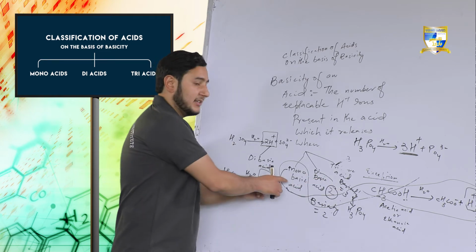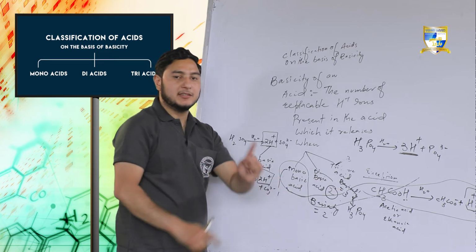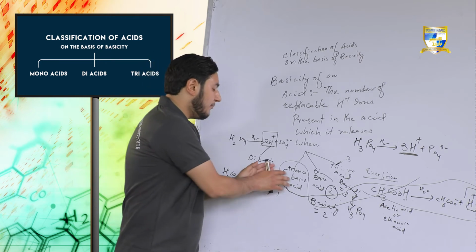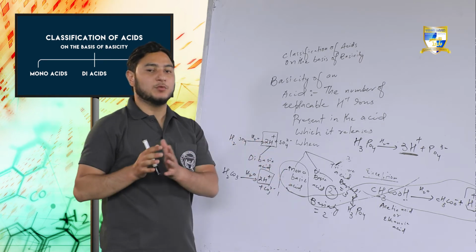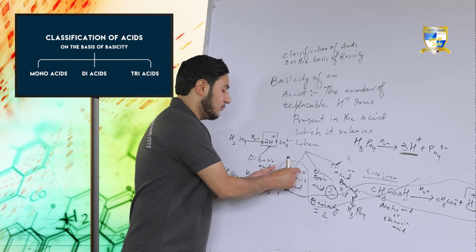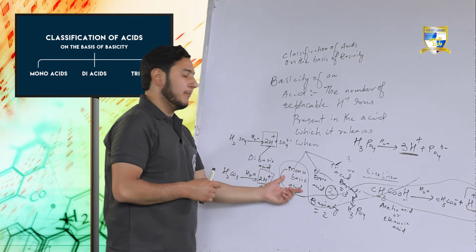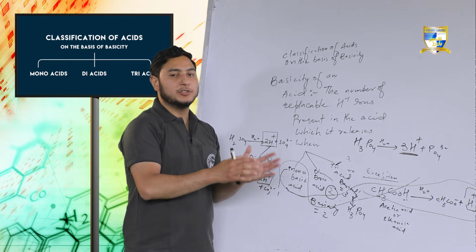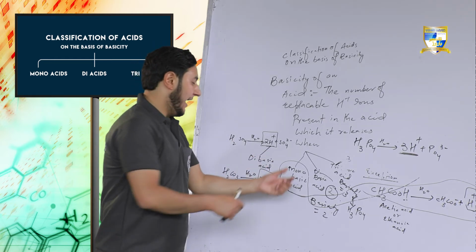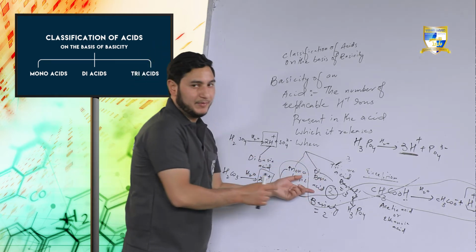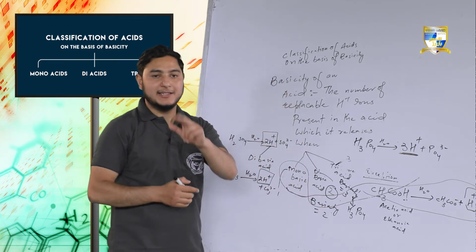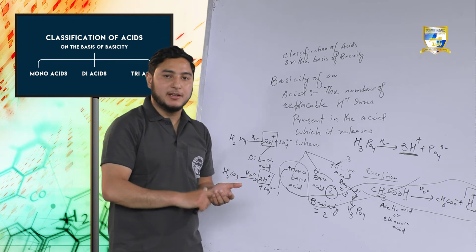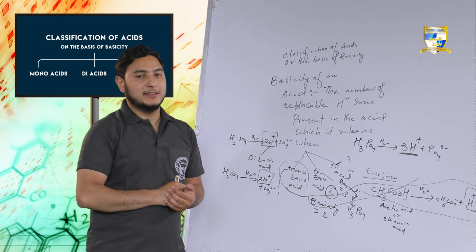Monobasic acids are those acids whose basicity is 1, or we say the number of replaceable H+ ions present in the acid is 1, and the best example is HCl, hydrogen chloride or hydrochloric acid. And the second one, dibasic acid. By dibasic acid, we mean the basicity of an acid is 2, that is, the number of replaceable H+ ions present in the acid is 2.